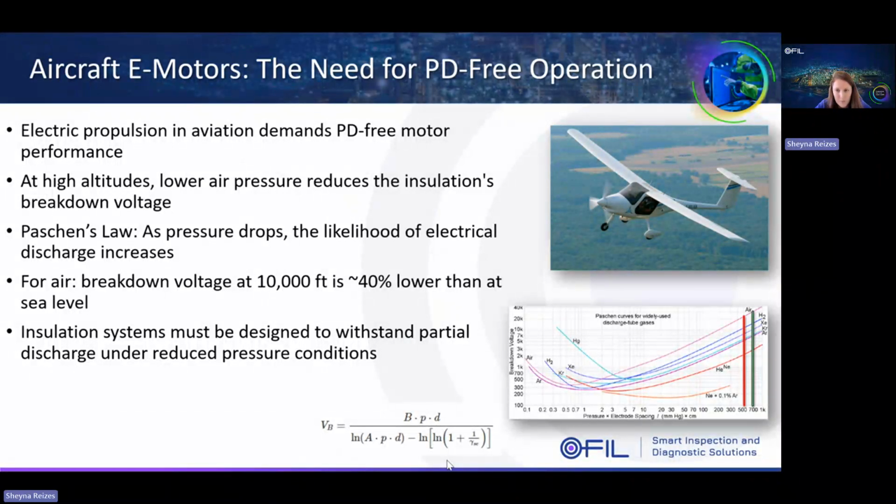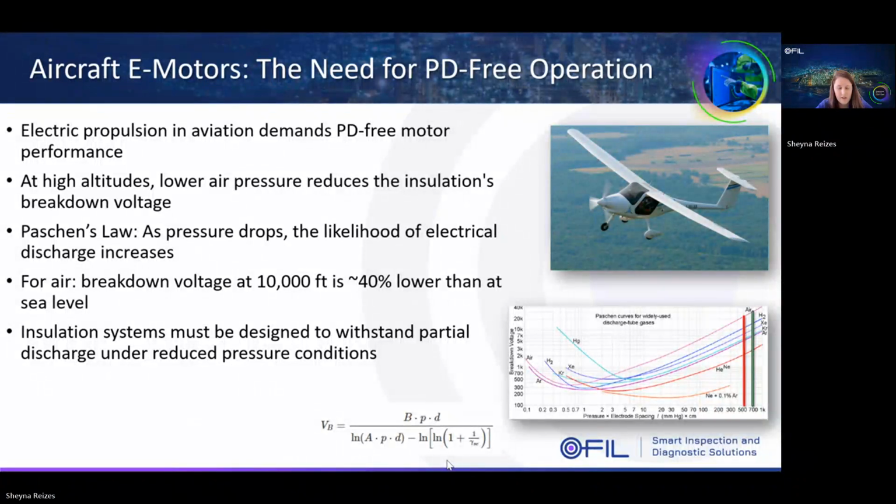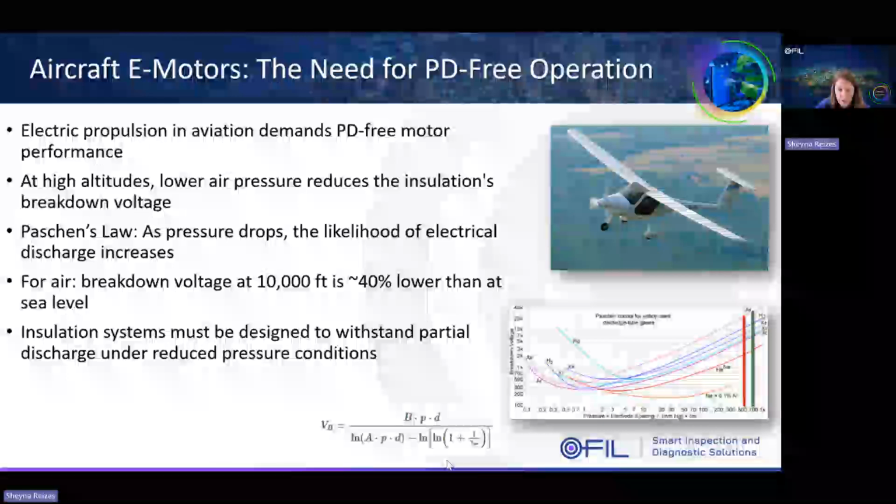In aircraft e-motors, the need for PD-free operation is even more critical. At high altitudes, lower air pressure reduces the breakdown voltage of insulation due to Paschen's law. As pressure drops, the likelihood of electrical discharge increases.